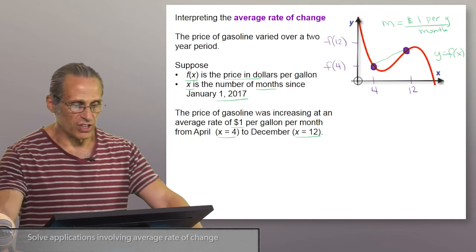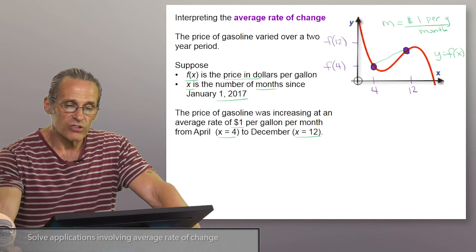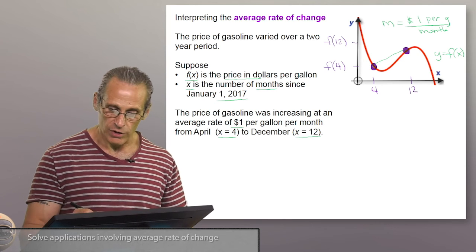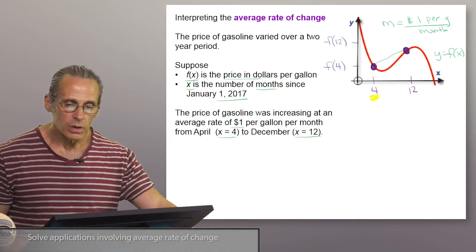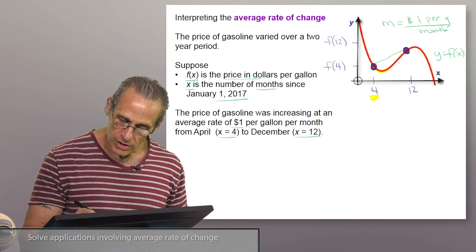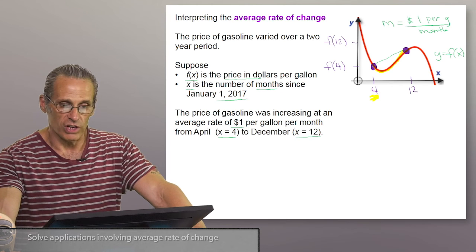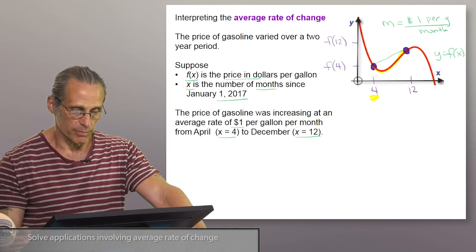So you can actually see that what happened was that if you're starting at 4 months, the price dropped and then it went up. But the average over that 8-month period was an increase of $1 per gallon per month.